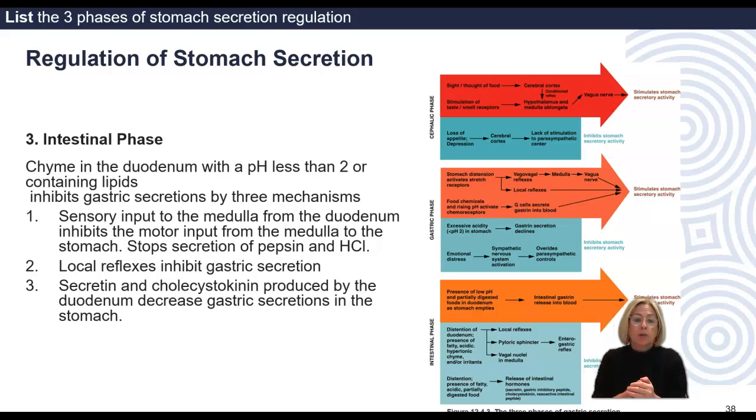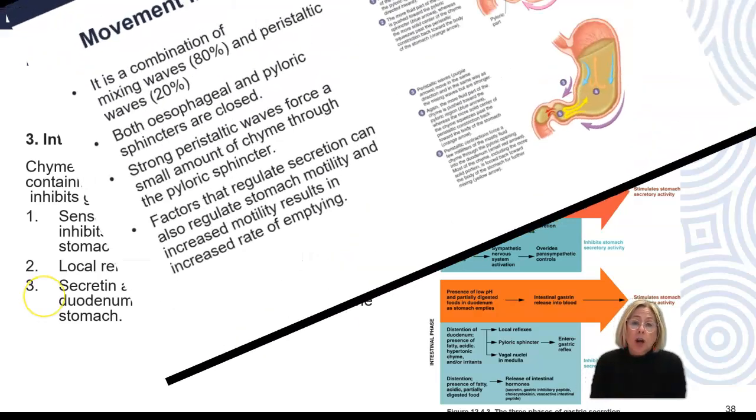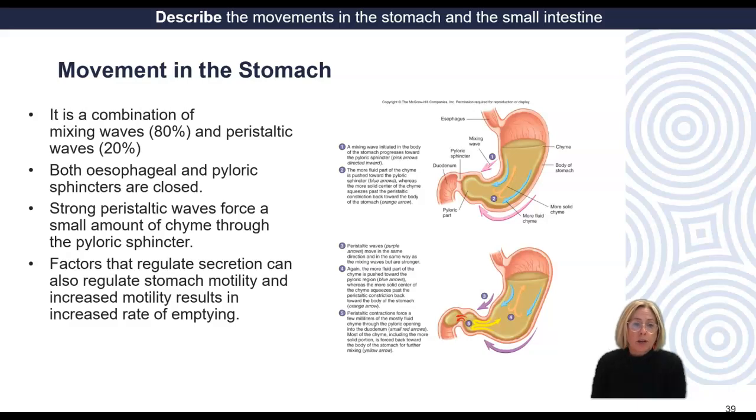Local reflexes will inhibit gastric secretions. And then secretin and cholecystokinin, which are another 2 hormones produced by the duodenum, decrease gastric secretions in the stomach.